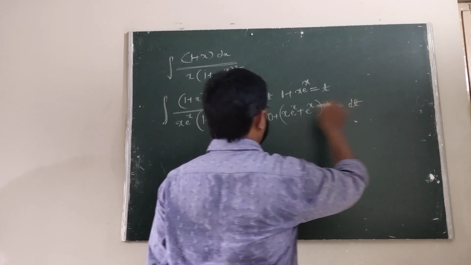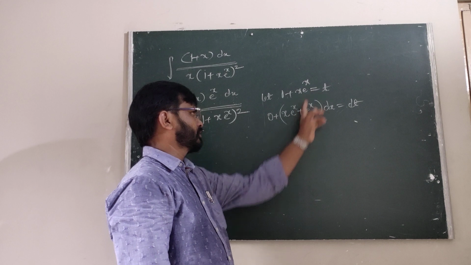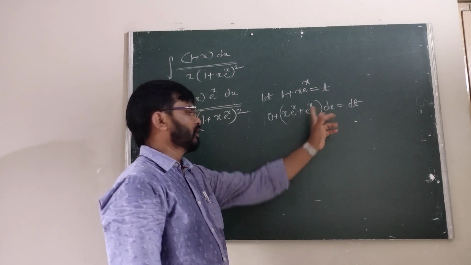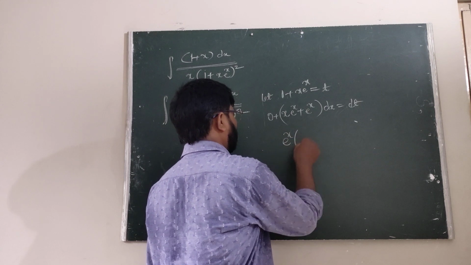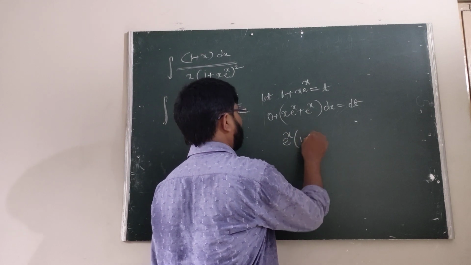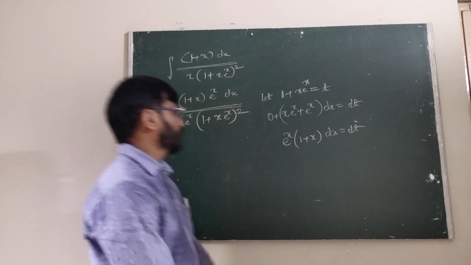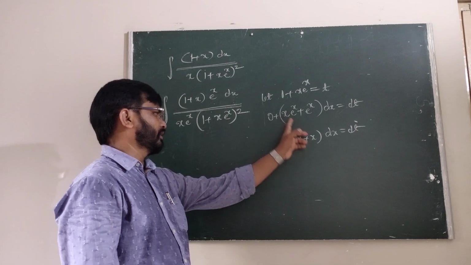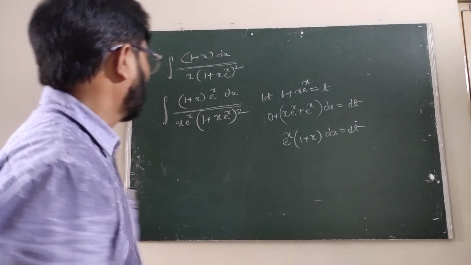Therefore, e^x is common, and we get e^x (1 + x) dx equal to dt. Is it clear? e^x is common, remaining is x, here 1.